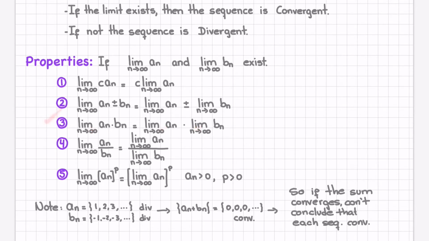Property 3, Property 4: the limit of the quotient is the quotient of the limits, provided that the denominator limit is non-zero. Of course, if the denominator approaches 0, then that will not exist. And then the limit enters the powers: the limit of a power is the power of the limit.